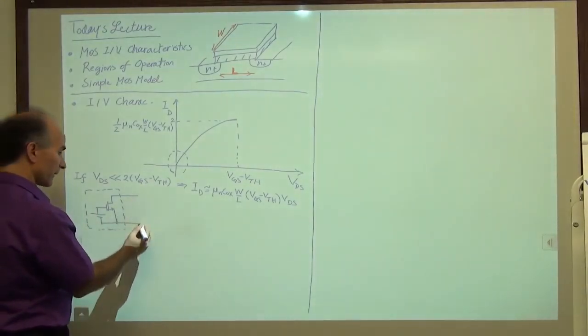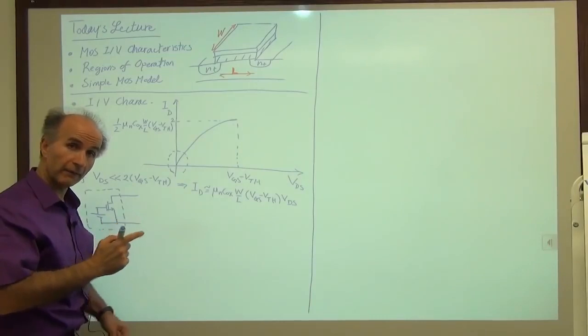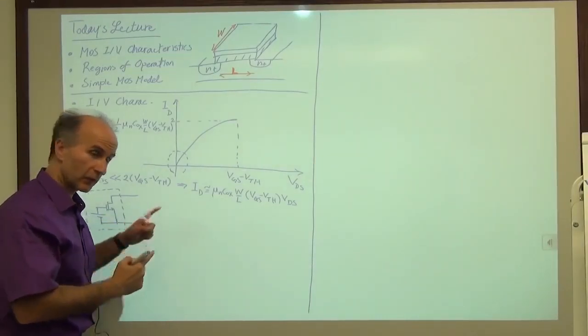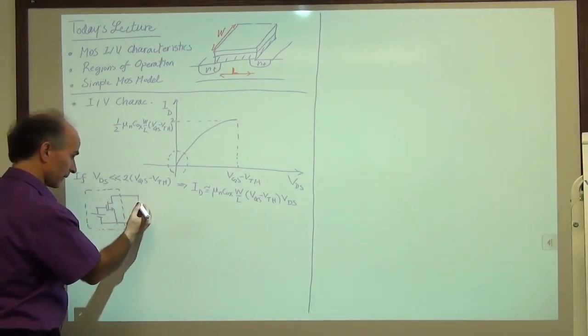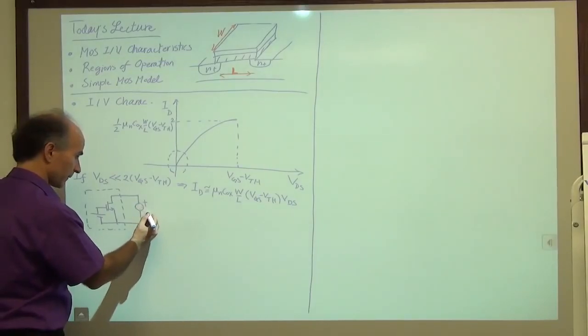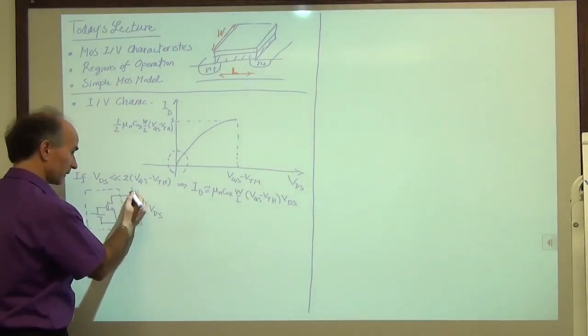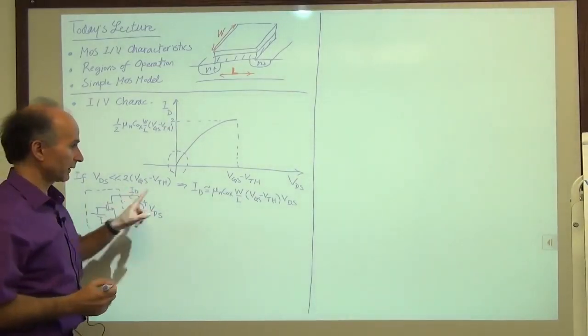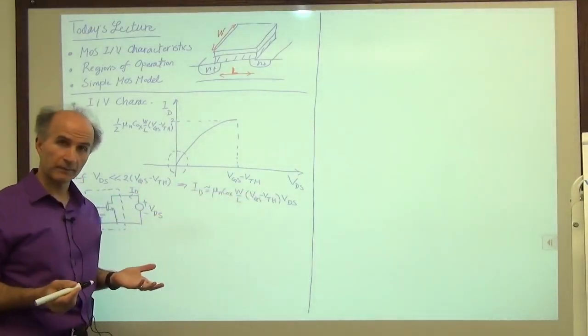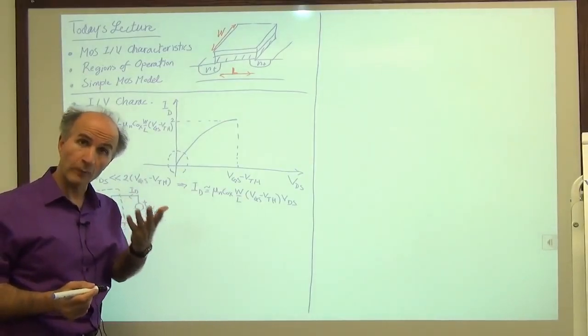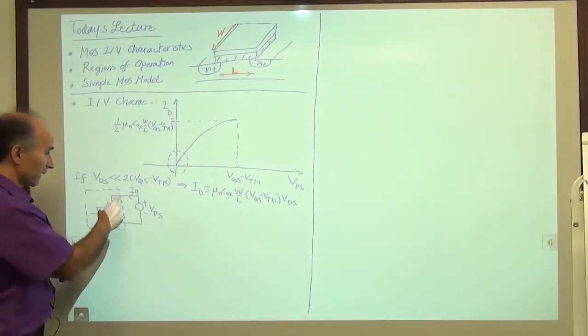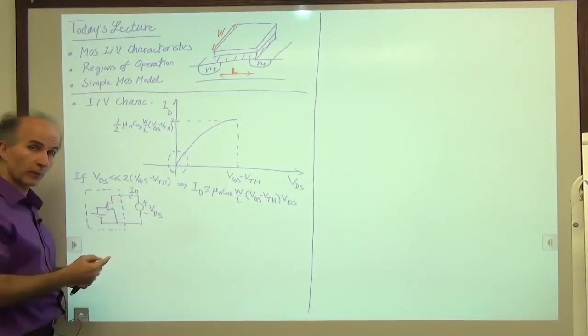And what we observe is that when we apply a variable voltage to these 2 terminals, and we measure this current, this voltage and this current have a linear relationship between them. So from Ohm's law, that means that there's a resistor connected between these 2 points.